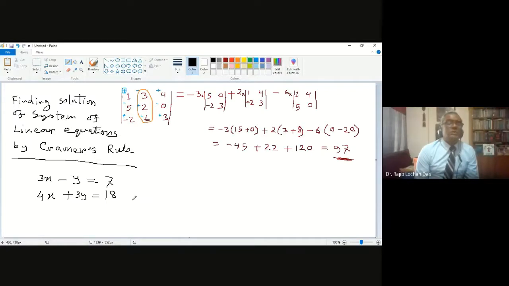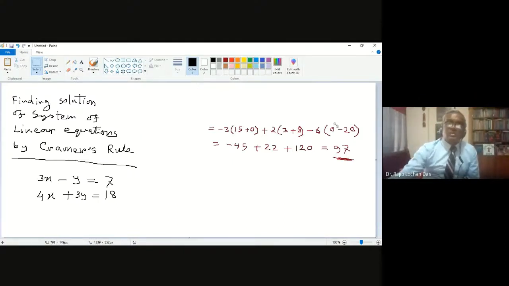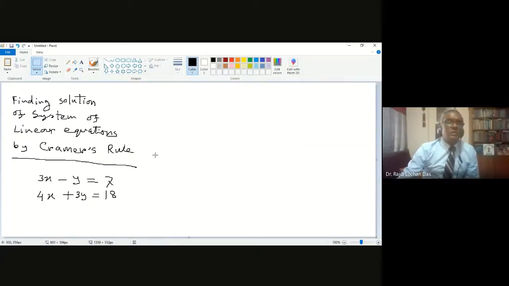So this is one system of equations, and you have two variables here. You can solve this by Cramer's rule. Let me show you how, and then I will show a bigger one, that is 3 by 3. This is not 3 by 3, this is a 2 by 2 determinant.